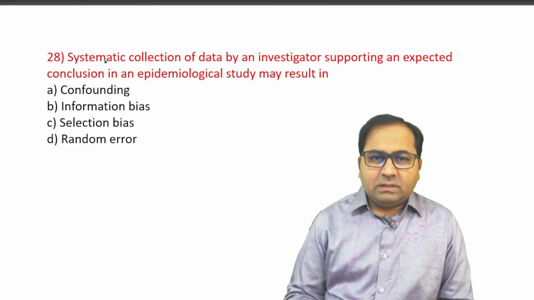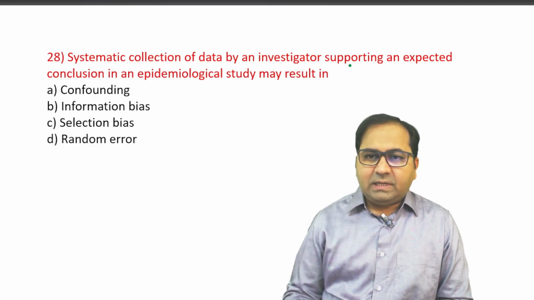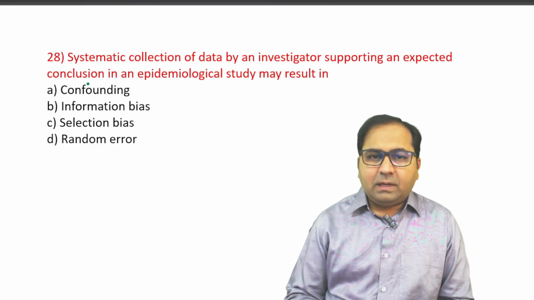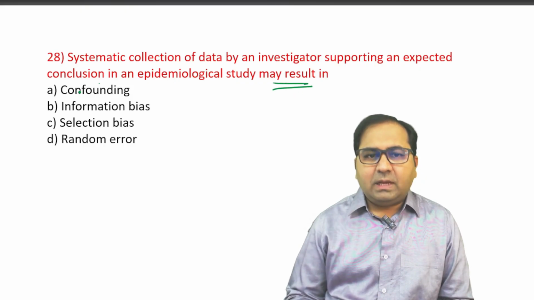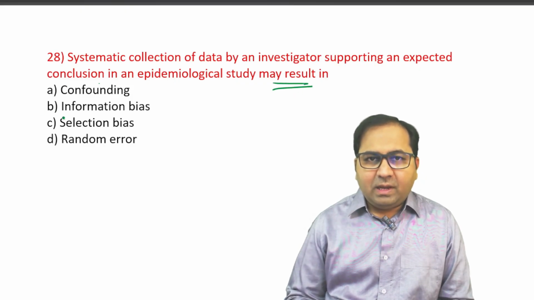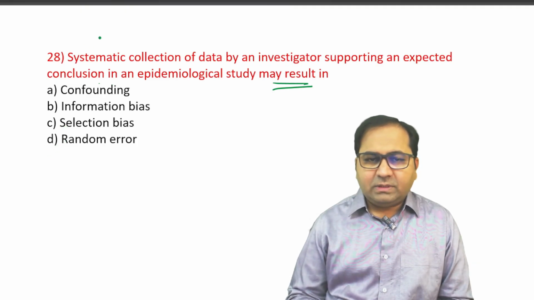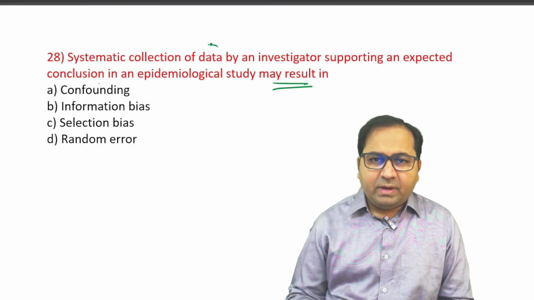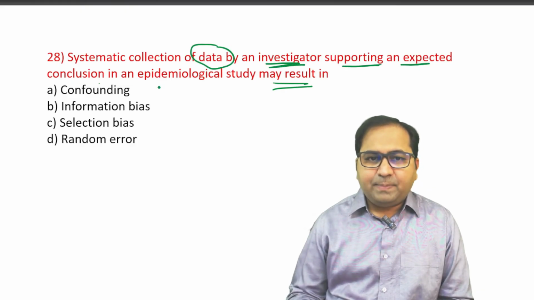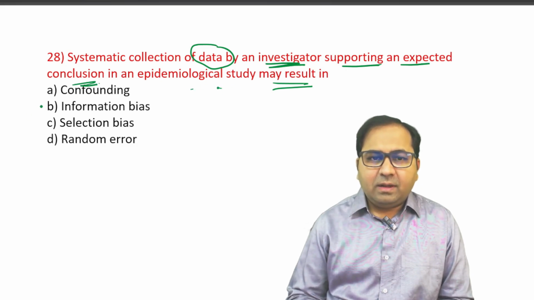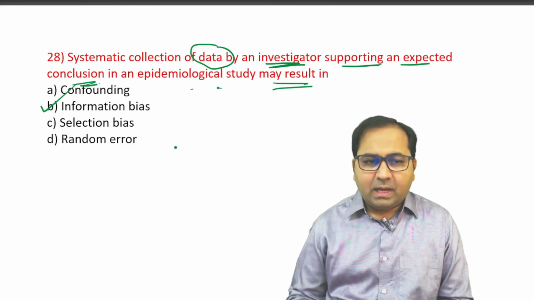Next question. Systematic collection of data by an investigator supporting an expected conclusion in an epidemiological study may result in what? The options are A. Confounding, B. Information bias, C. Selection bias, or D. Random error. Once again, let us see the question. Systematic collection of data by an investigator supporting an expected conclusion may result in B, information bias.